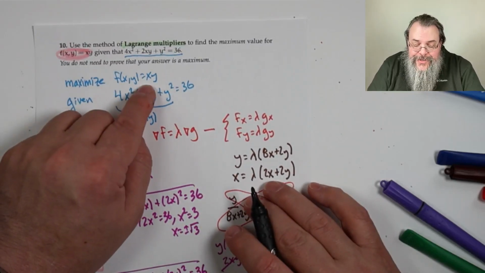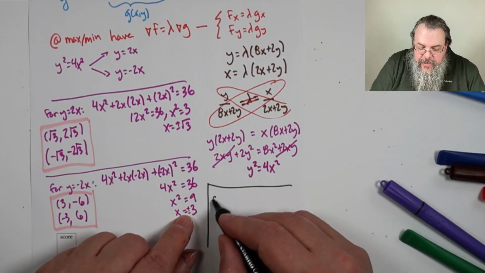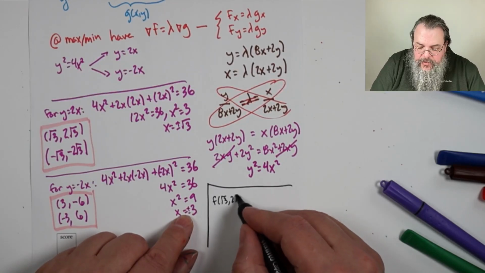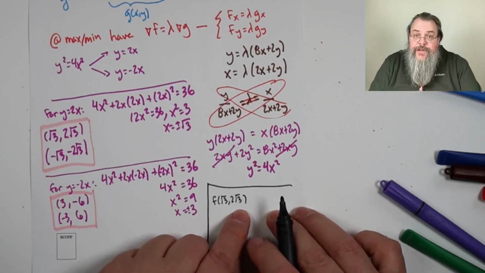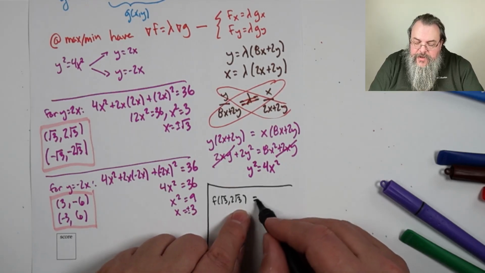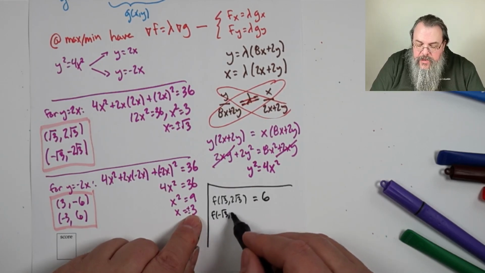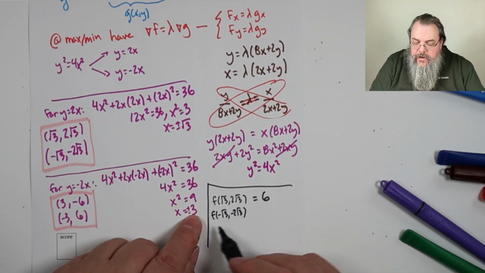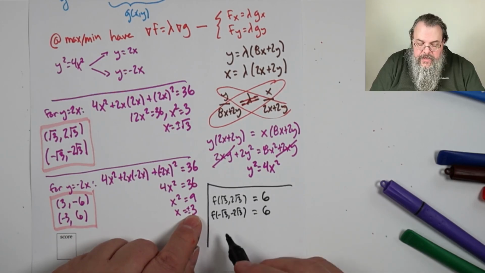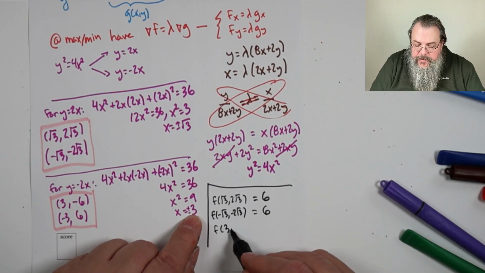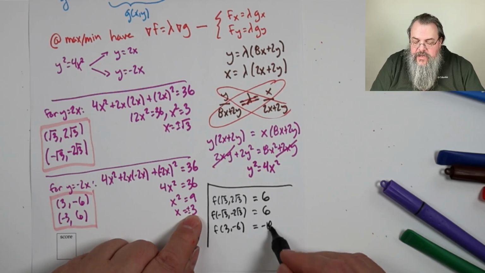Where do we plug them in? To our original function, x times y. If we plug in root 3 times 2 root 3, just multiply these together. Root 3 times root 3 is 3, so it really becomes 2 times 3, which is 6. And f of minus root 3, minus 2 root 3, the minuses cancel. It still gives you 6. F of 3 comma negative 6, multiply those together, you get negative 18.